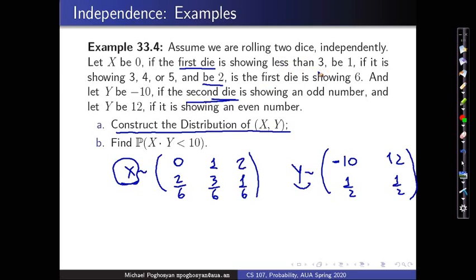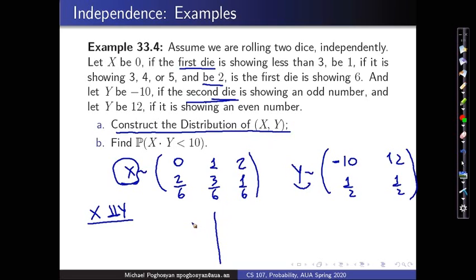The result of the first die is not affecting the result of the second die. So it is natural to assume that X and Y are independent. After assuming that X and Y are independent, I can construct the joint PMF of X and Y.